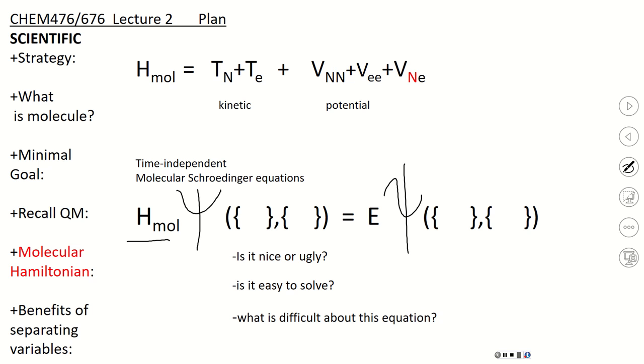it's definitely ugly. Why? Because it depends on several R sub I positions of nuclei and several positions of electrons. So basically, it's like if you try to describe this system, it's about 100 ions times 3.